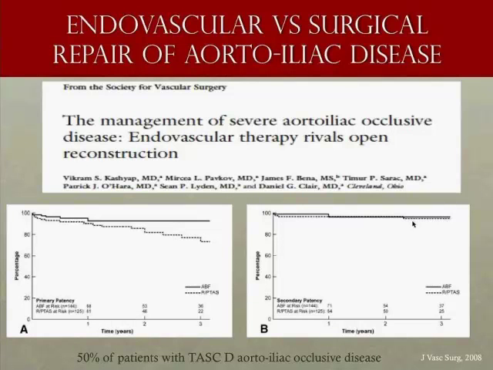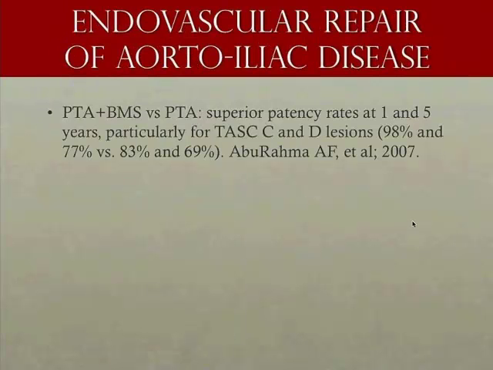So for certain patients, endovascular therapy really can offer a very good option, particularly for patients who are not great surgical candidates. With that in mind, if you're willing to buy the fact that endovascular therapy is a good option, then the literature suggests that both angioplasty and stenting reveal superior patency rates compared to angioplasty alone, particularly for aortoiliac disease.